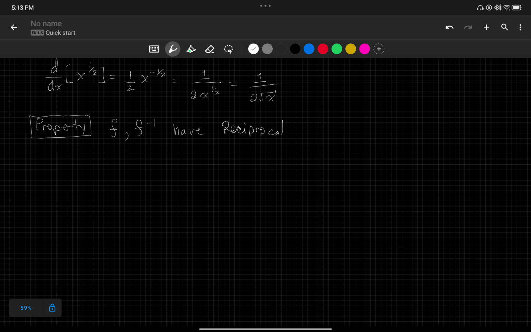Reciprocal slopes. And slope here is keyword for derivative. Okay, have reciprocal slopes at reflected points. All right, so how does that look?